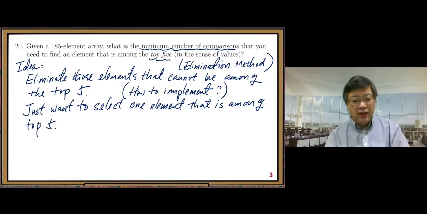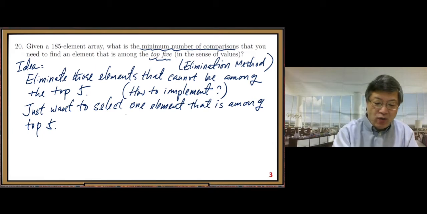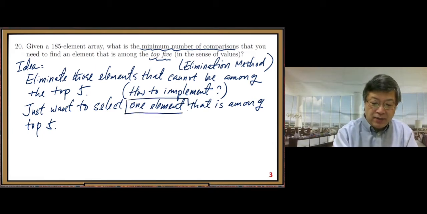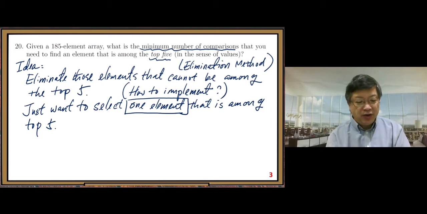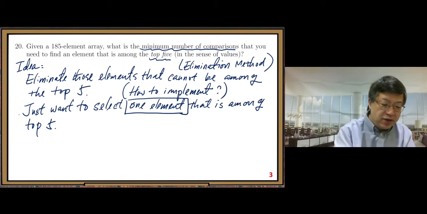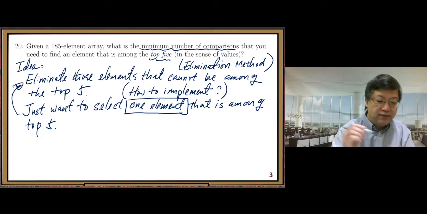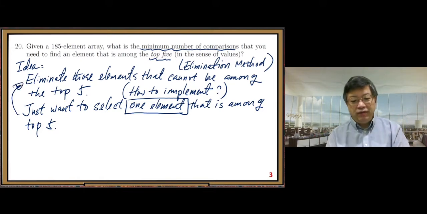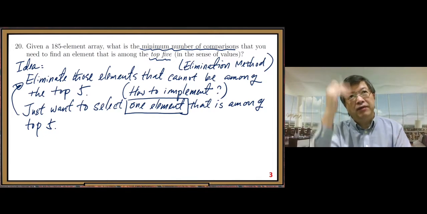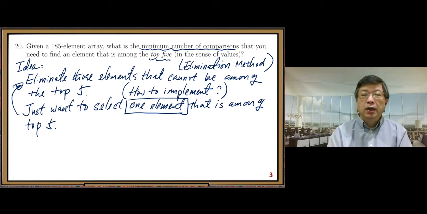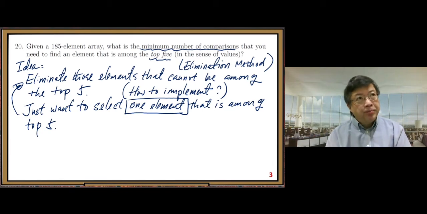That's from the original question. But you can see this is easier than the first sentence. We just want to select one that is among the top 5. Then, how do you know some element is among the top 5?